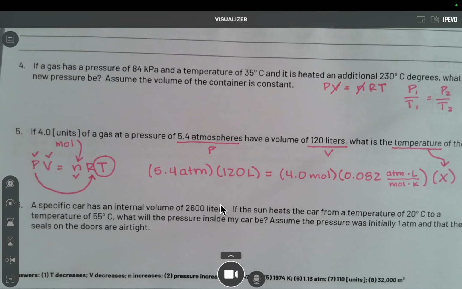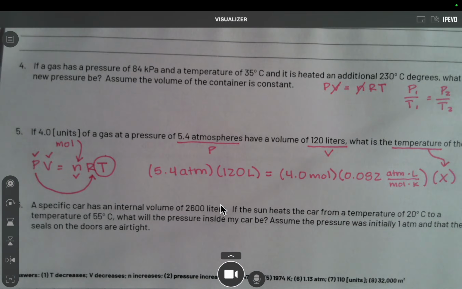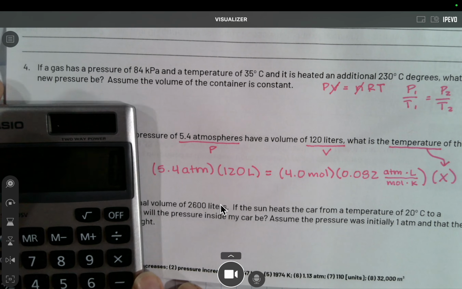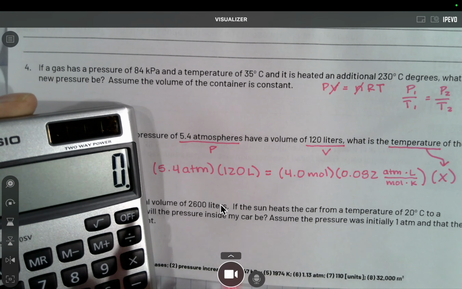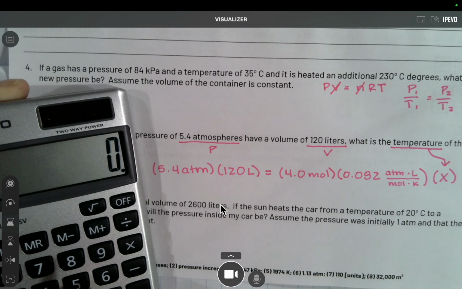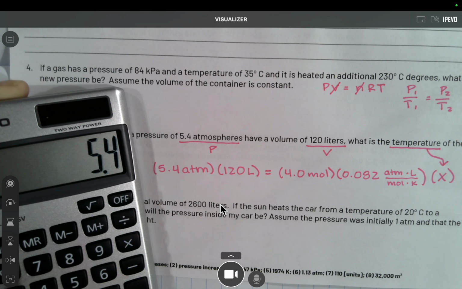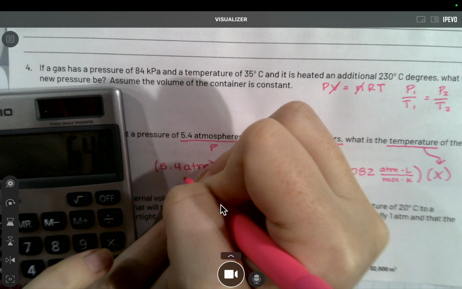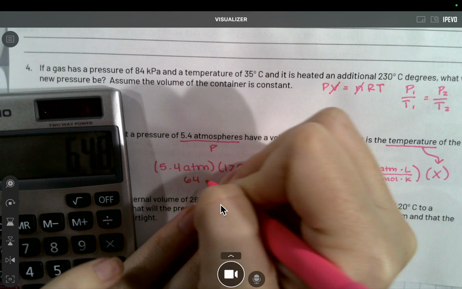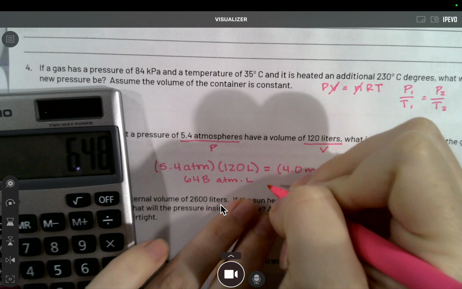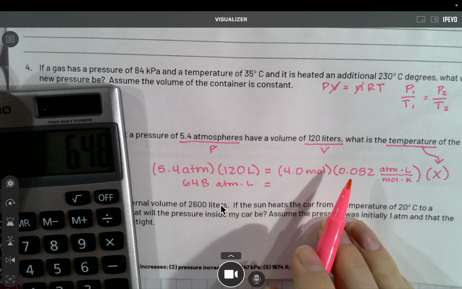All right, so grab your calculators, figure this out, pause this video, and then you can press play and see how I did the math on this. All right, so I got my calculator here. First thing to do, we can multiply some of these together to make this simpler. So 5.4 times 120. Okay, that's going to be 648 atmospheres times liters. And that's going to be equal to the other side.